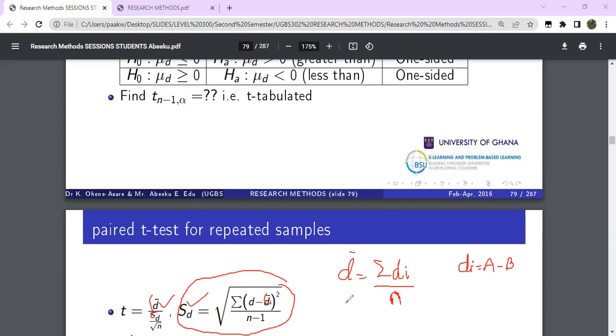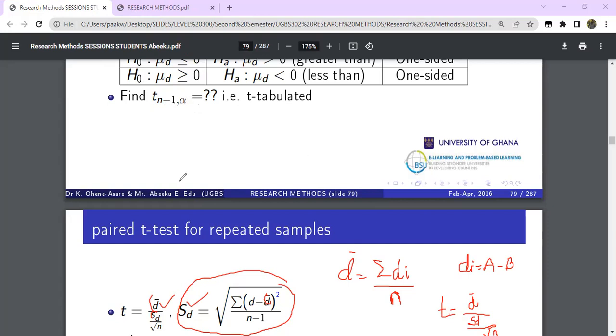T is equal to D bar all over SD over square root of n. That helps us get our T calculated, and we also have our T critical. That one we know how to solve, if you match it with alpha.